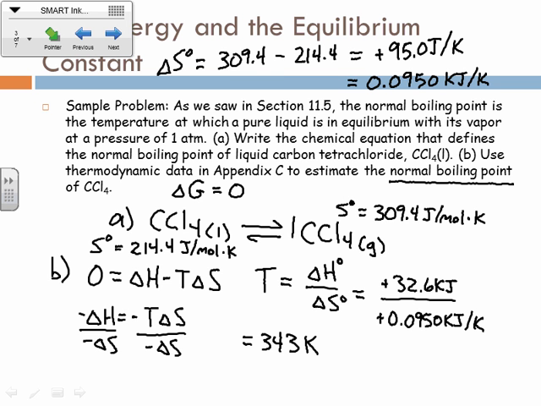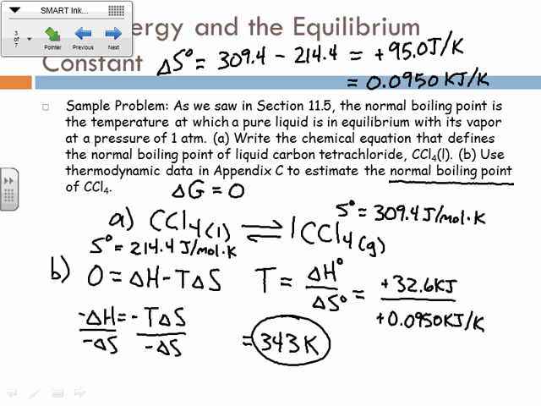Okay, so that's your normal boiling point. That's about 70 degrees Celsius. And again, this is very approximate because we used the delta H at standard conditions and the delta S at standard conditions. Obviously this temperature is not exactly at standard conditions; it's quite a bit higher. But that's going to be approximately your boiling point of the CCl4.